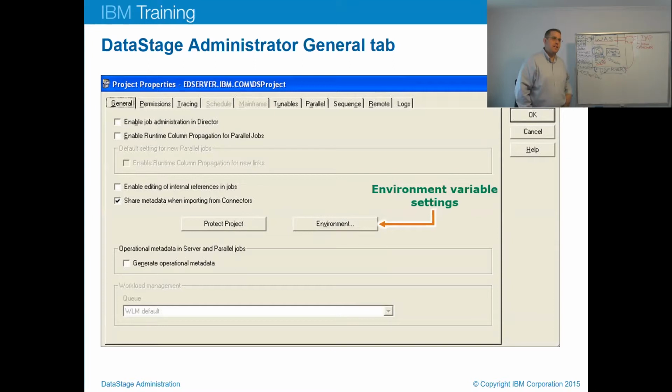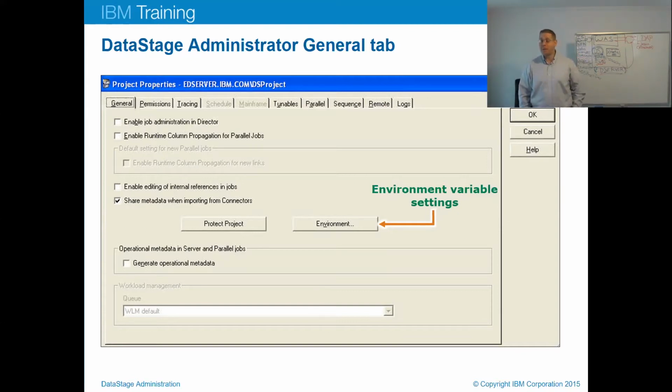And my answer has always been, best guess is that they want us to have access to the environment variables. Because as a user who probably can't change those, I want to see what they're set to. So it allows me to see how we are handling environment variables. It allows me to see things like how long we are keeping logs for. I very well may not be able to edit those, but it allows me to understand certain important pieces of our project setup. So for better or worse, and you'll see this in the lab, your users can access the admin client. They just are very restricted as to what they can do.